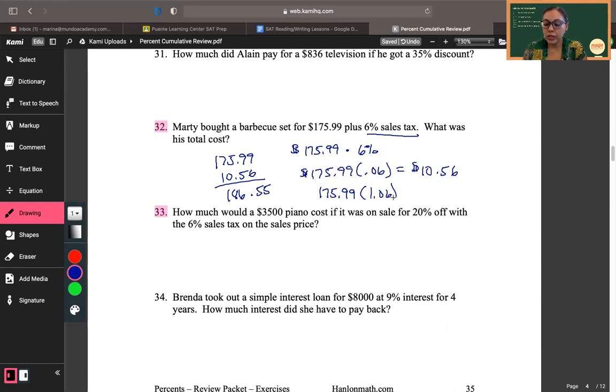You can do it all in one step and get the same answer, 186.55. In essence, you're buying the set plus 0.06, so it's like having 1 plus 0.06. That's why you can do it that way.